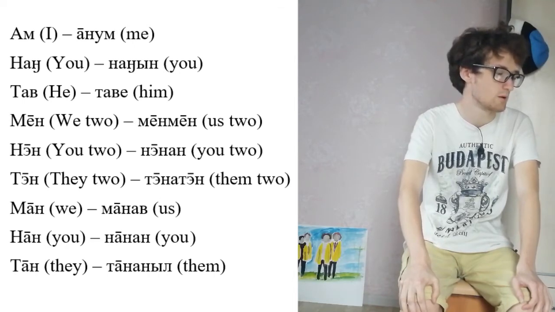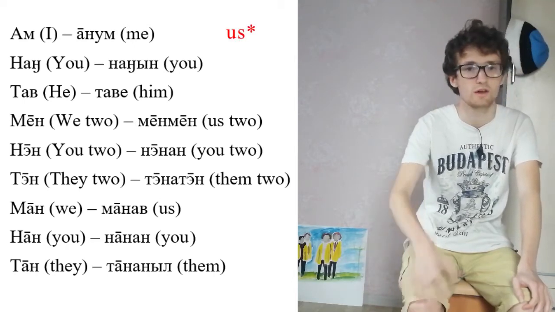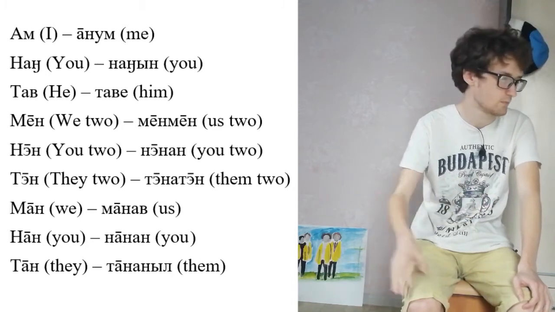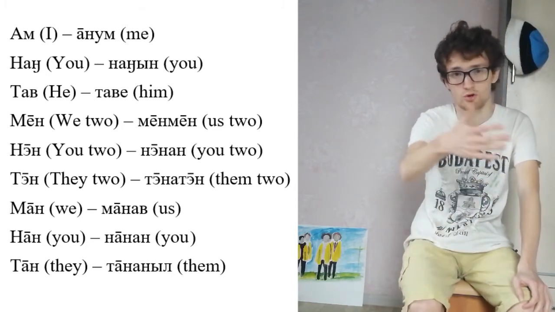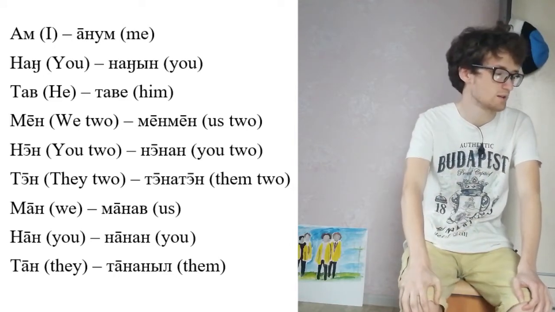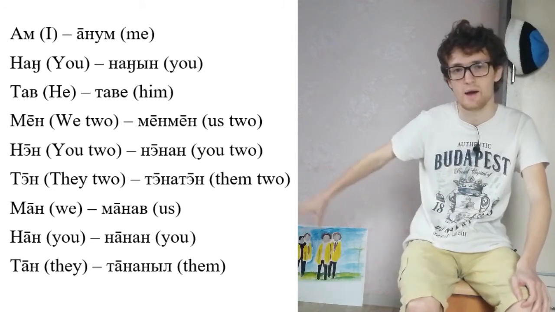Man, manau, we. Nan, nanan, you in plural. Tan, tananil, them. We'll consider the examples of declension of dual and plural pronouns further in the next lessons.